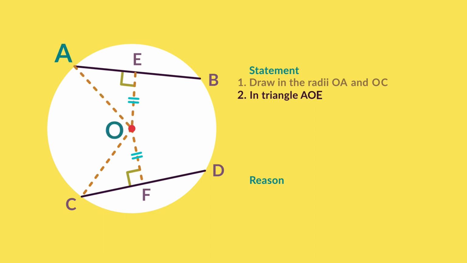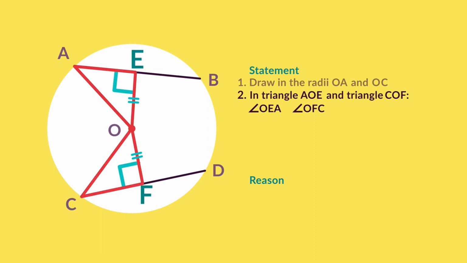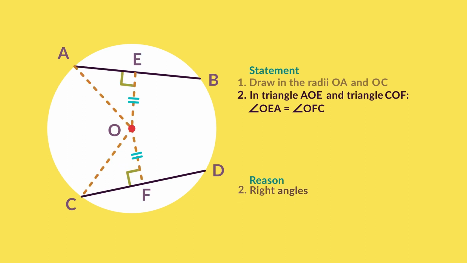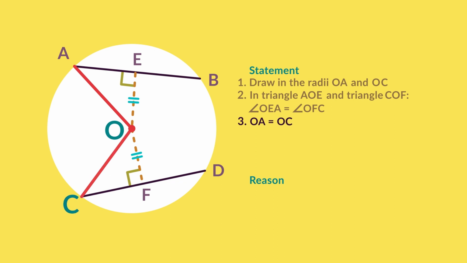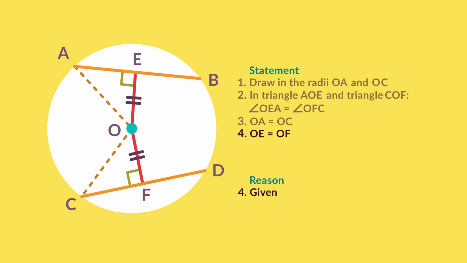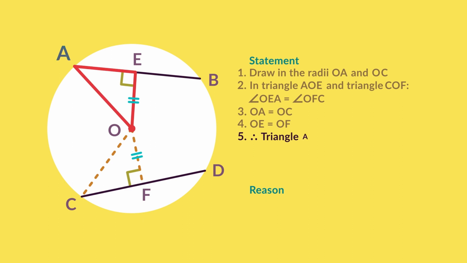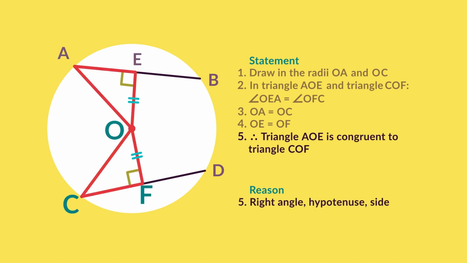In triangle AOE and triangle COF, angles OEA and OFC are equal because they are right angles, and we know OA equals OC because they are radii. We also know OE equals OF because the chords are equidistant from the center. Therefore, triangle AOE is congruent to triangle COF.